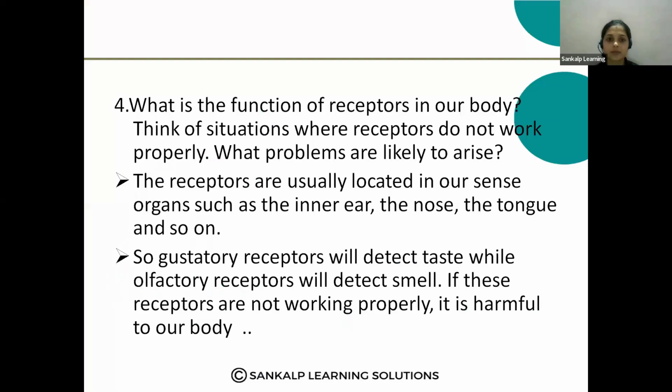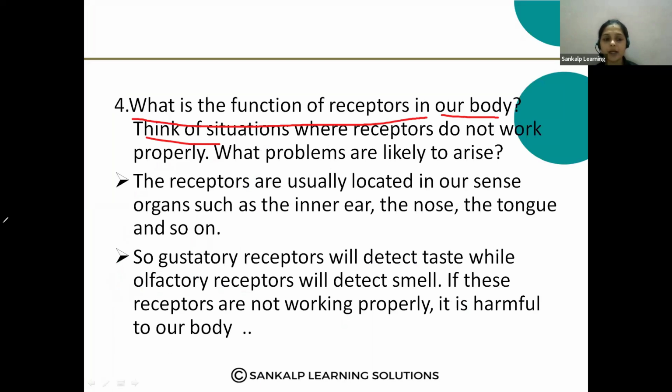So here the question is, what is the function of the receptors in our body? Think of the situation where receptors do not work properly. What problems are likely to arise?